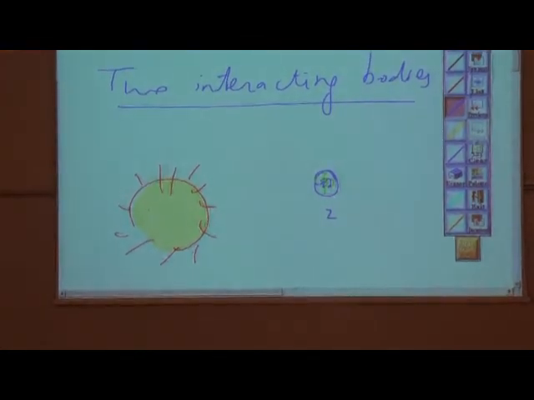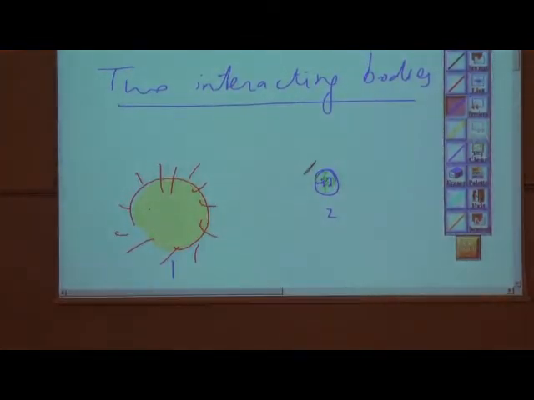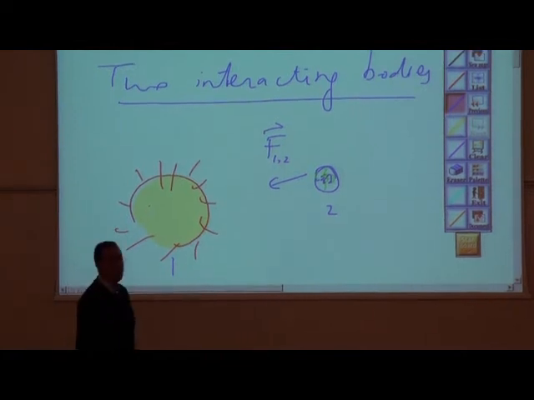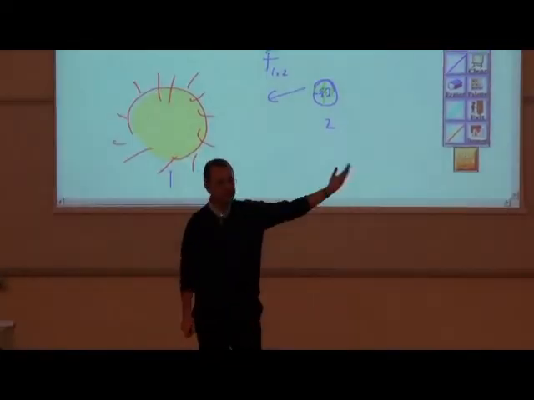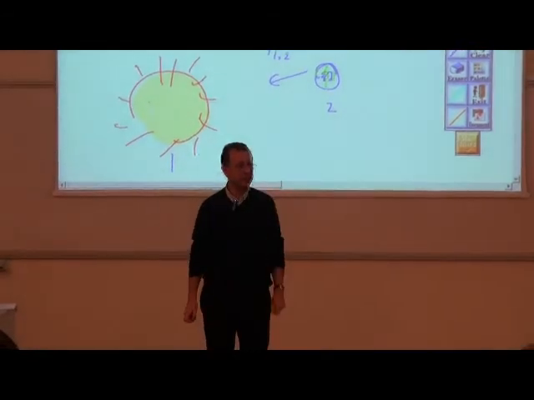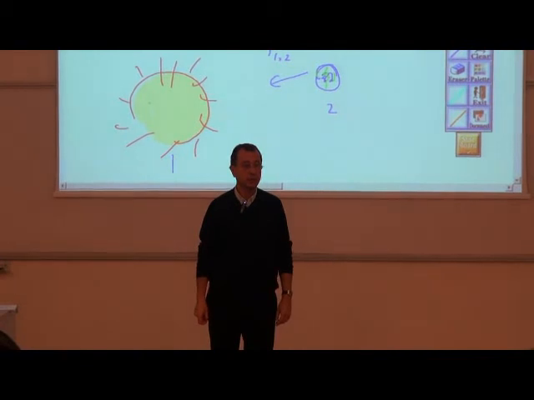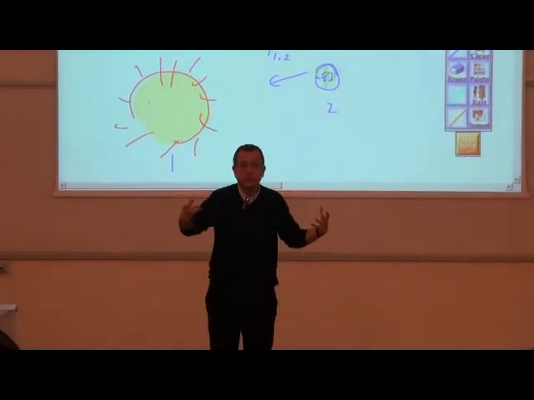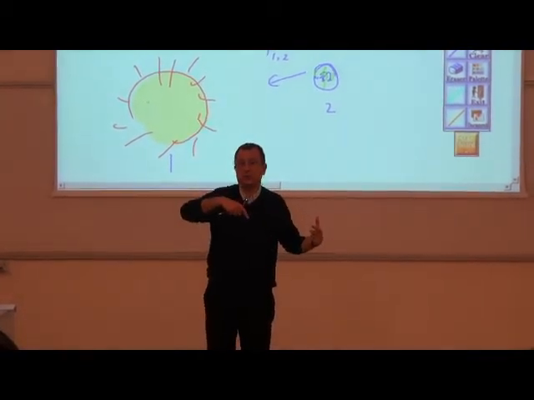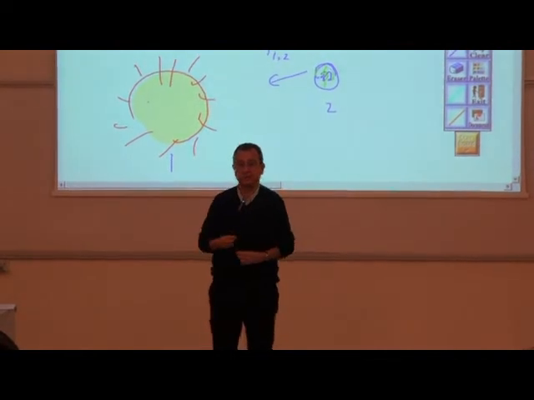Let me call this 2 and let me call this one 1. There is a force that one object, the sun, applies on the earth. But they are interacting, so there is also a force that the earth applies on the sun.